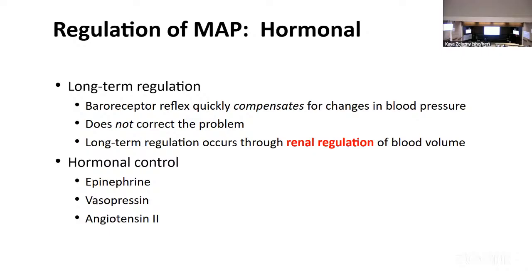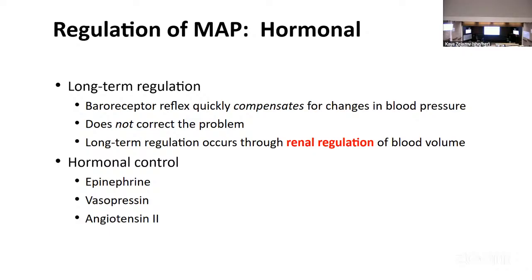For example, you would see this response not just when you stand up and have a little low blood pressure going to your brain. You'd also see this response if you're hemorrhaging, right? Now, obviously, you can't fix a hemorrhage just by raising your cardiac output and increasing your resistance a bit. You still have to solve the problem.